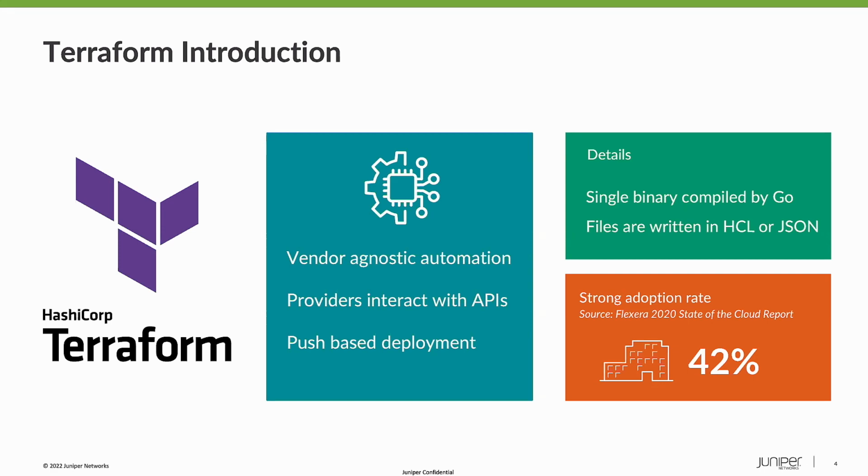Now, on the technical side of things, for those that are interested, Terraform itself is a single binary that's compiled with Go. And that's a really unique distinction that's just worth calling out for a second, because a lot of the other automation tools that we see out there today are built on Python. And Python's great. I'm a big fan of Python. I think it's got tremendous use cases within the network and the network security space.